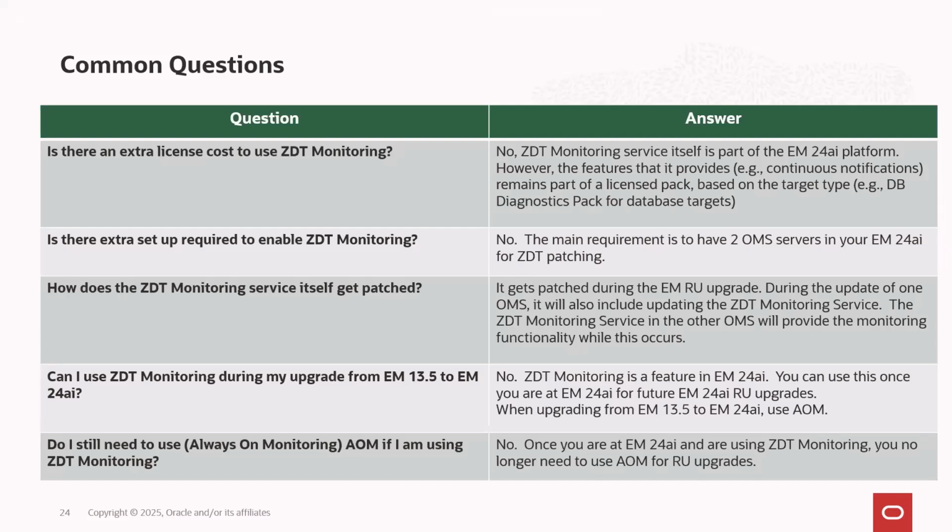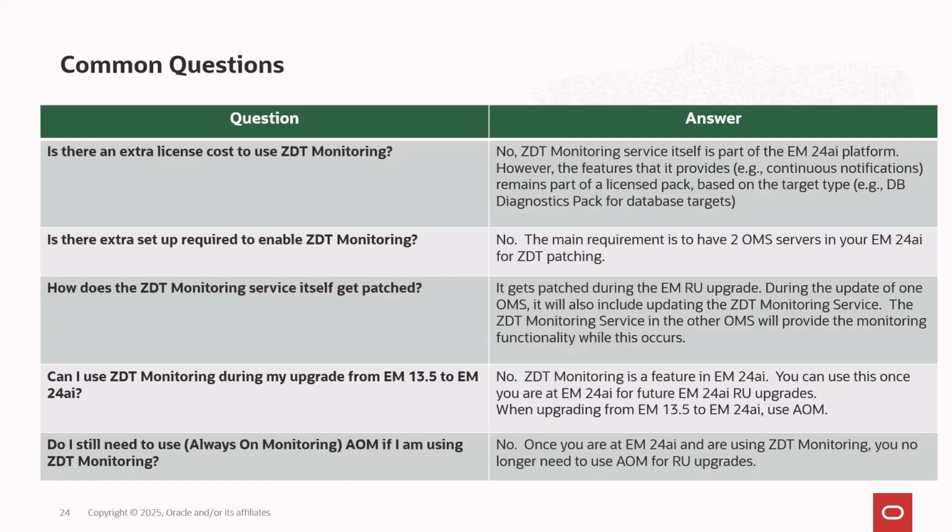Yeah, sure. Like I said in the ZDT patching, we keep the ZDT monitoring service in one of the additional OMS or in the batch. When we divide the OMSs into batches, we make sure the monitoring service in one of the batches is always up and running. Once the first batch is completely patched, then we bring up that batch, which will include the OMS and the monitoring service.